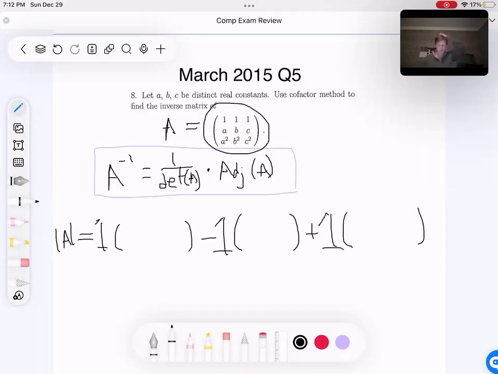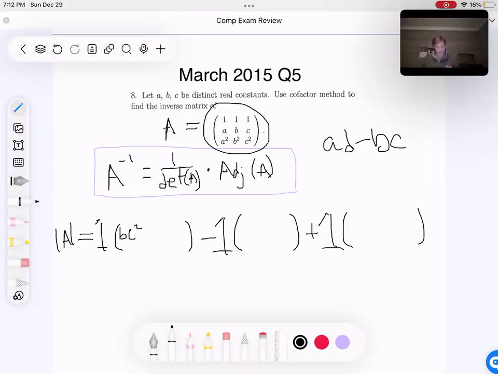To compute the determinant of the minor, we can just use the determinant of a 2 by 2 matrix, which is given by AD minus BC, where ABCD is the matrix. That's a little confusing because we also have ABC in this problem, but you probably know what I mean. Cool.